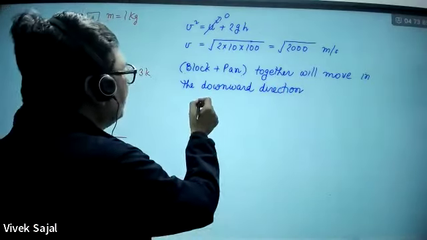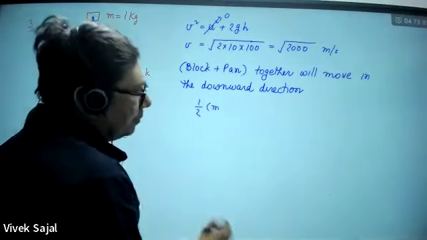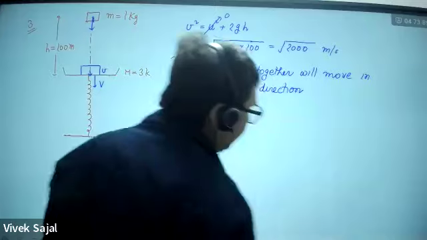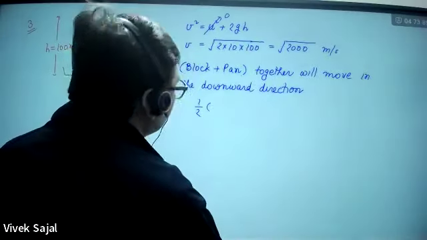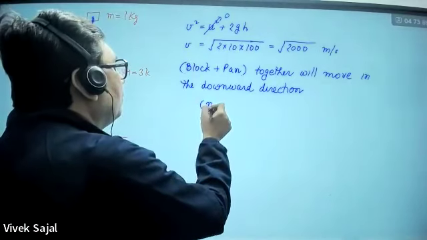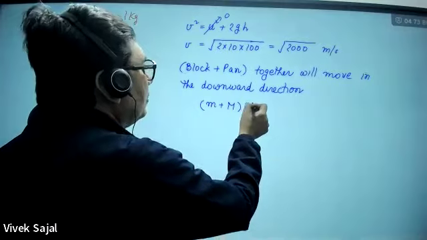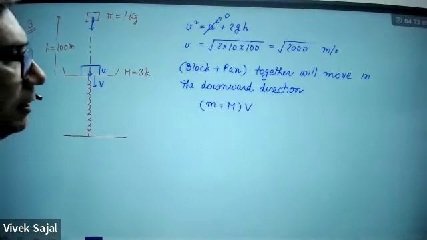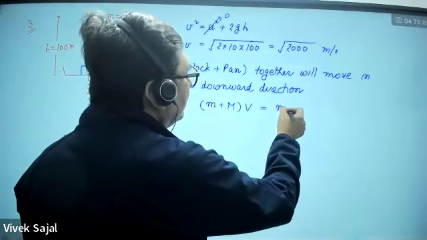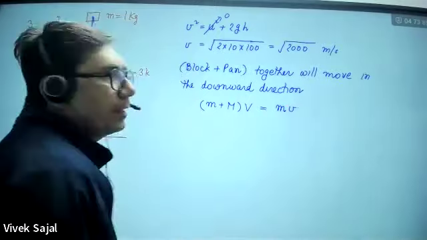They will move in the downward direction. So mass of the block plus pan into velocity, I am assuming they are moving with a velocity v, will be equal to the initial momentum of the block, that is mv.